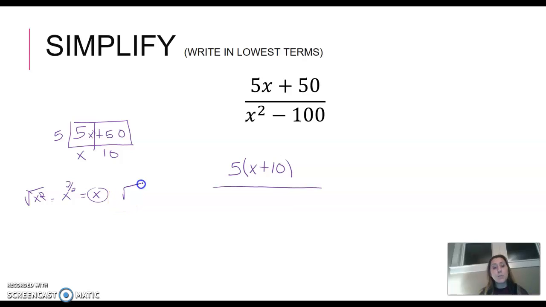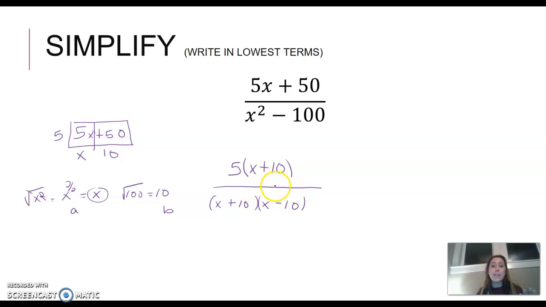And then I'm going to take the square root of 100, which is just 10. So now I have my a and my b, and I'm going to set up my parentheses. I have 1 set, 2 sets, because it's a square and I need 2 sides. So I have a plus version of it and a minus, and I'm just going to put x and 10 and x and 10. So now it's fully factored.